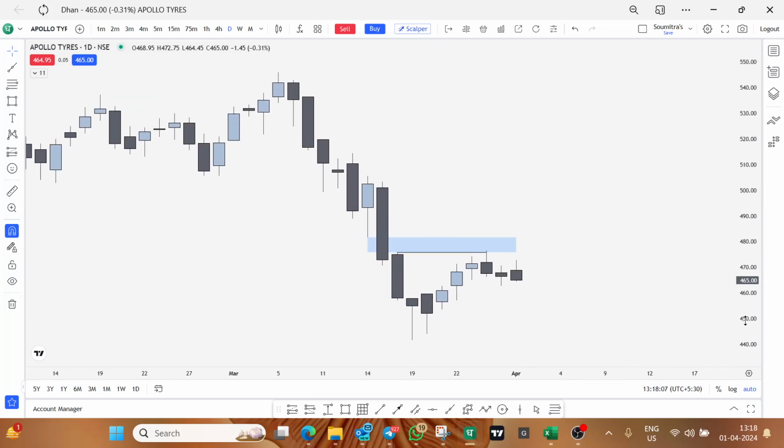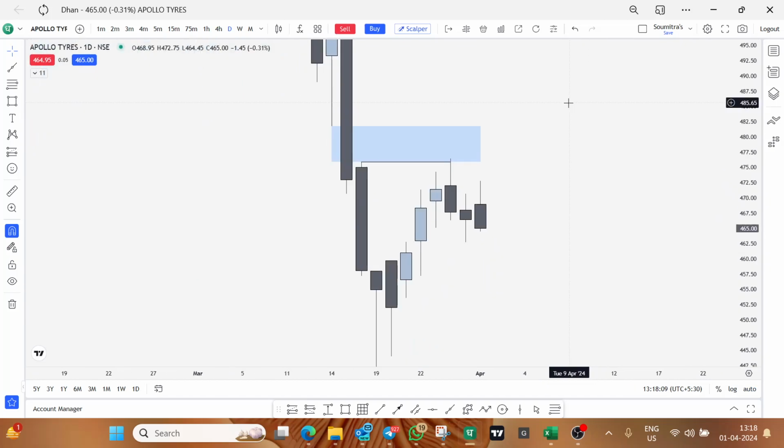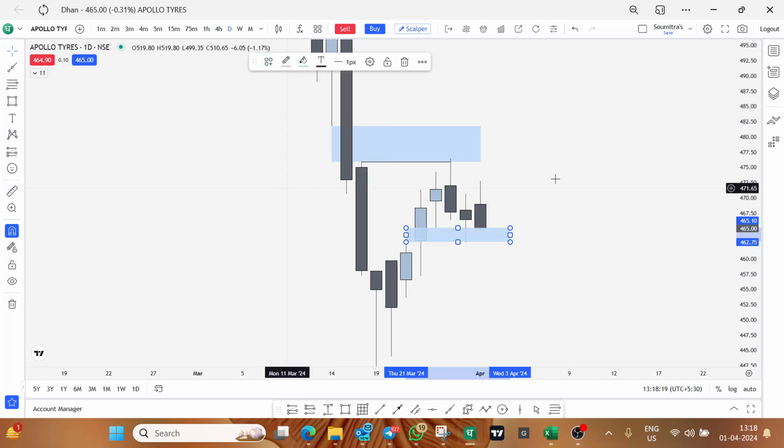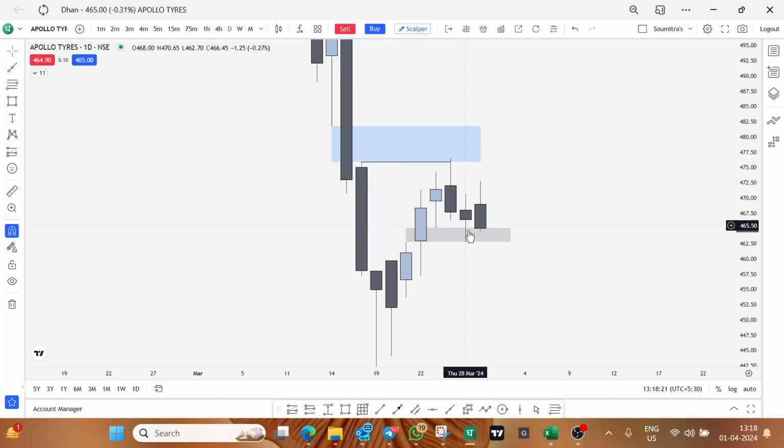So even if we have an inefficiency here, which is perfectly all right, we can take trade from here, but the condition is that at least one candle out of this should be bullish.